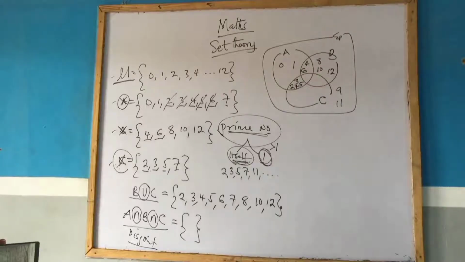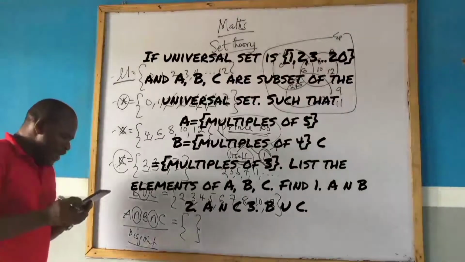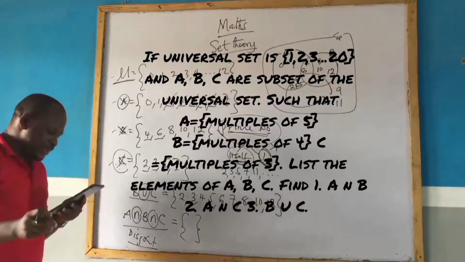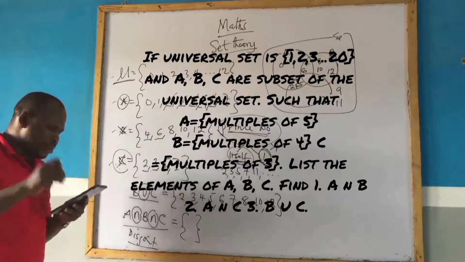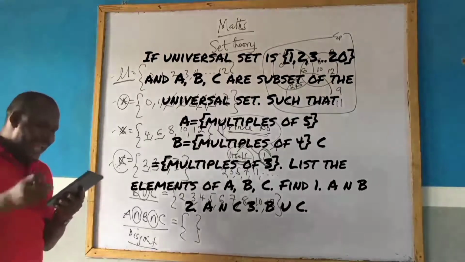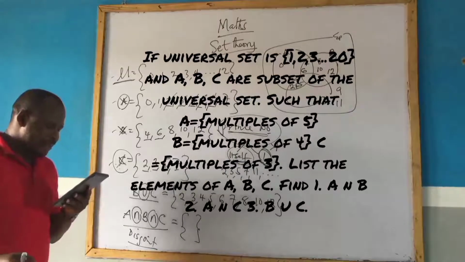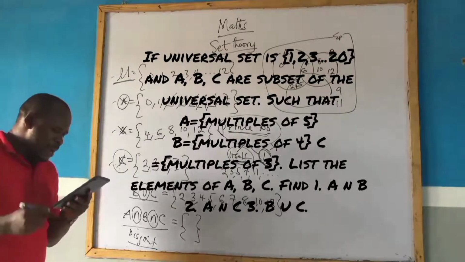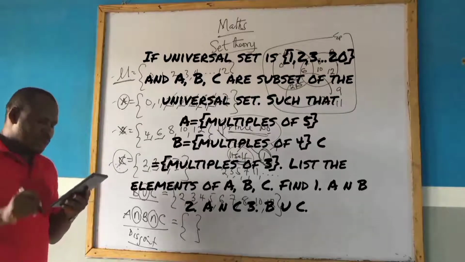We are yet going to take another question, and I will dictate the question. If the universal set is the set of 1 to 20, and A, B, and C are subsets of the universal set, such that A is multiples of 5, B multiples of 4, C multiples of 3, full stop.